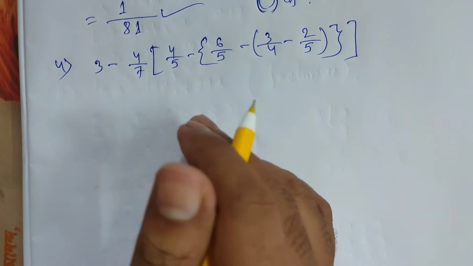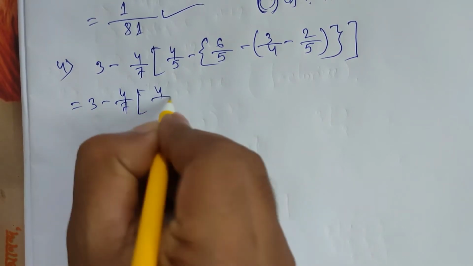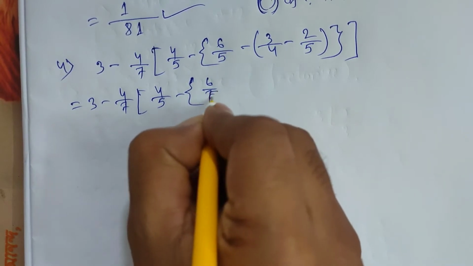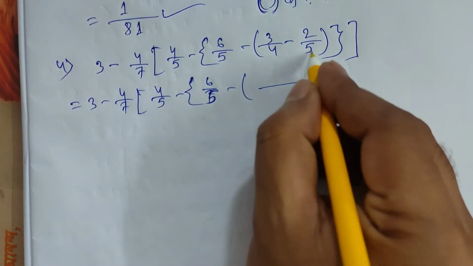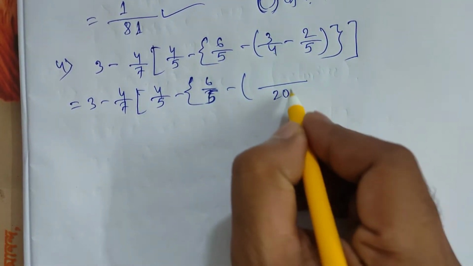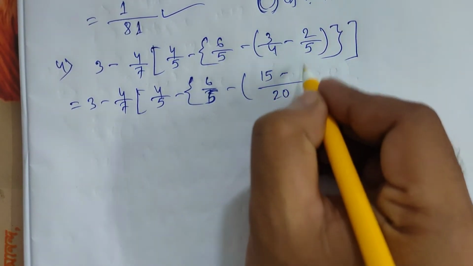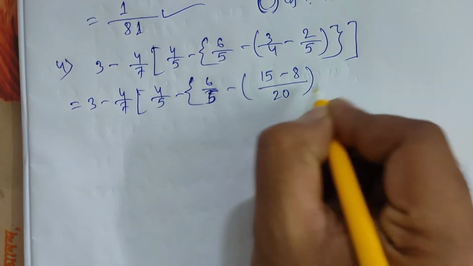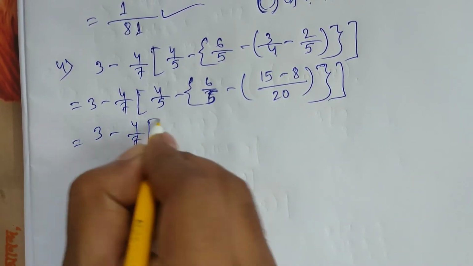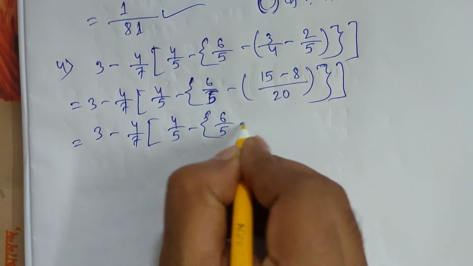After that multiplication, subtraction, addition. 3 minus 4 by 7, 4 by 5 minus second bracket 6 by 5 minus 4 by 5. The LCM will be 20, because both are prime numbers to each other. 20 divided by 4 means 5, multiplied by 3, 15, minus 4 fours are 20, that means 4 eights, 8.